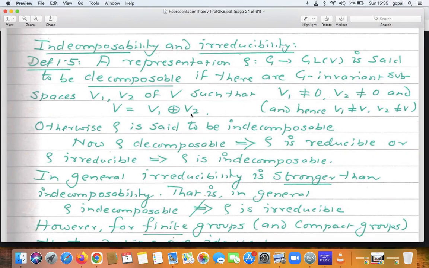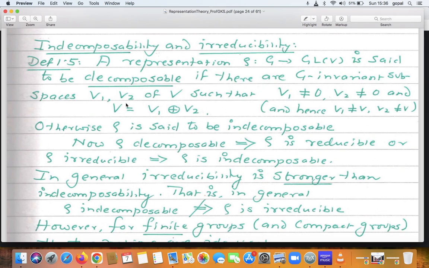So there are several things we need. We need two vector subspaces V1 and V2. Both of them should be proper. V should be a direct sum of V1 and V2. V1 and V2 must both be G invariant. Lot of things.